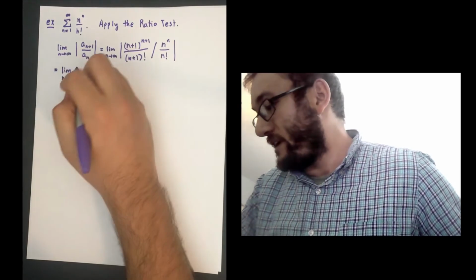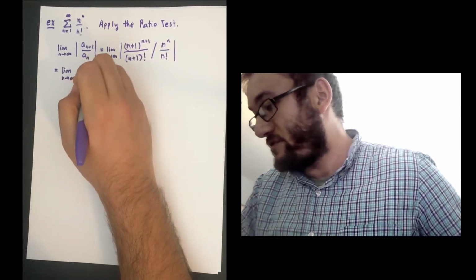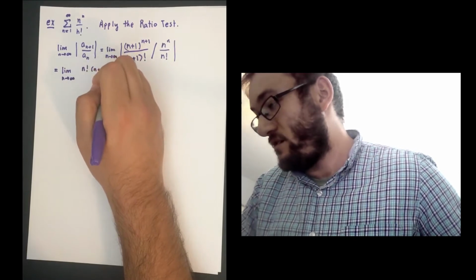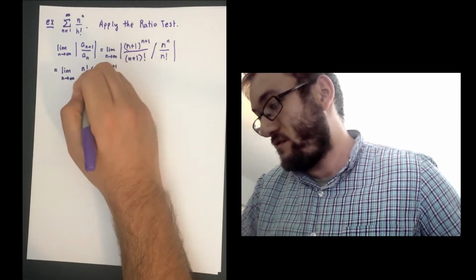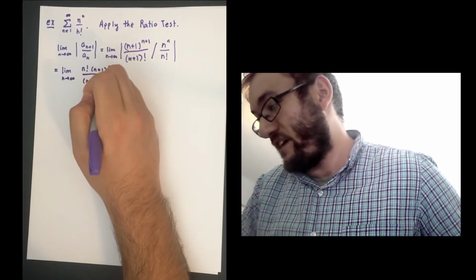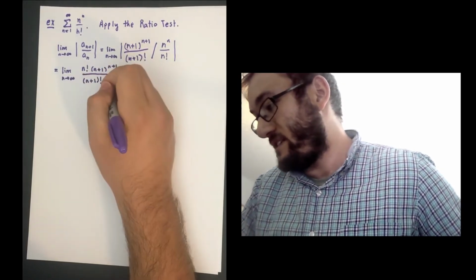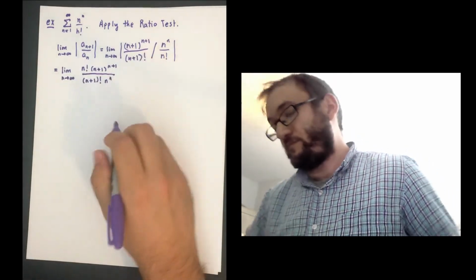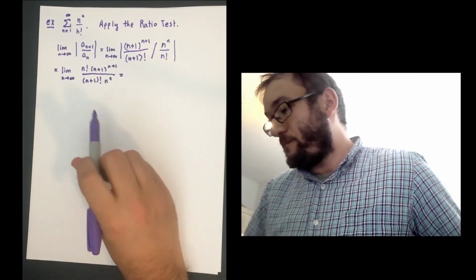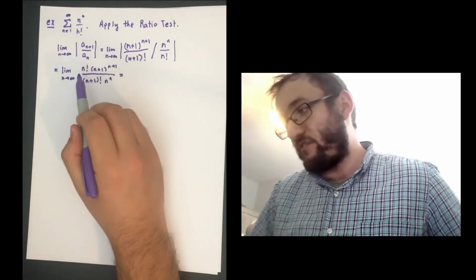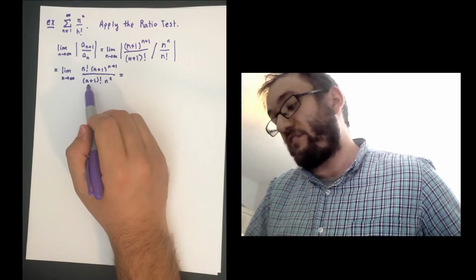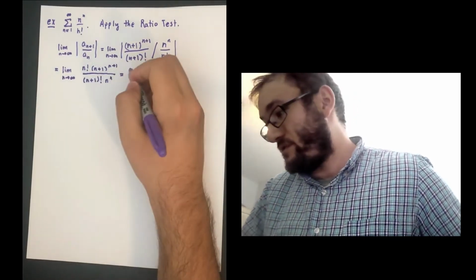Reciprocating and multiplying, we get n factorial times n plus 1 to the n plus 1 divided by n plus 1 factorial times n to the n. Okay? Well, n factorial is the product of the first n integers, and n plus 1 factorial is the product of the first n plus 1 integers.